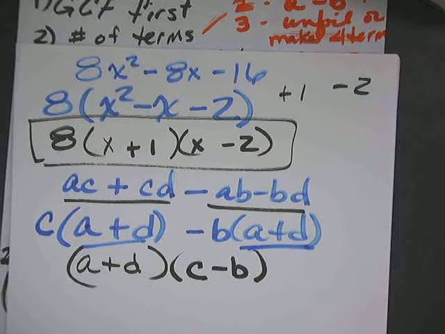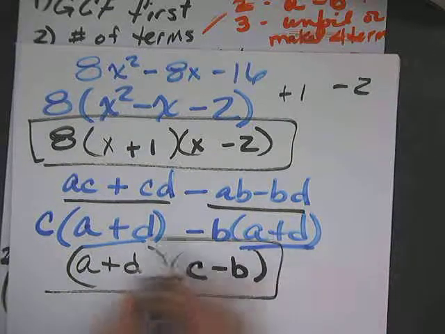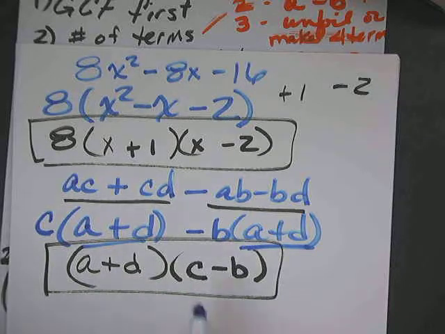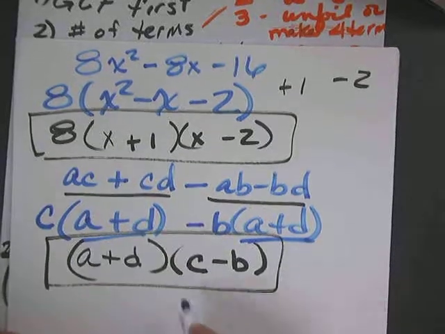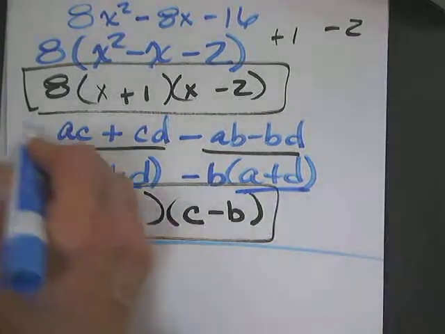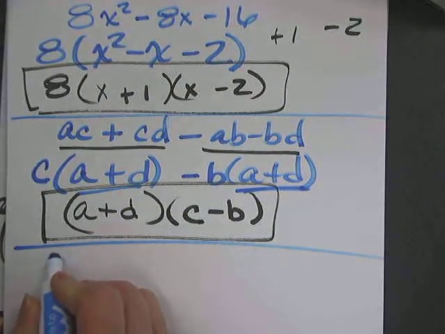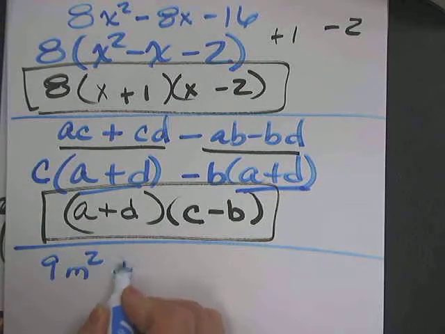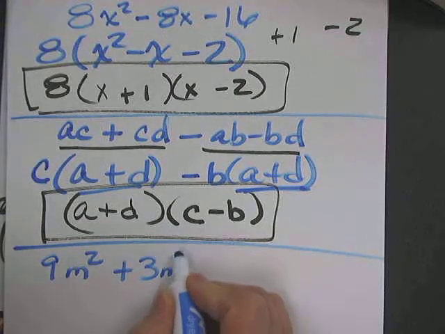And then does that give us, yeah, negative BD. So they have in common A plus D, and the rest is C minus B. I don't see that that can go any farther.